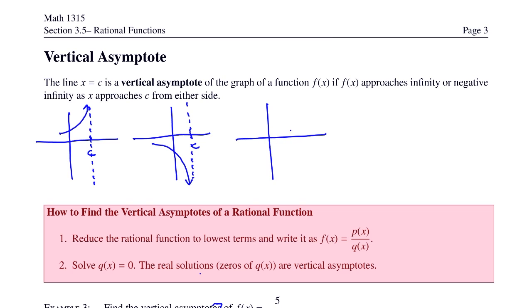On the right side of c, you could have a function that approaches positive infinity or negative infinity. Usually you'll have a mixture of these two, coming in from the left, coming in from the right, and of course you have all 4 combinations.